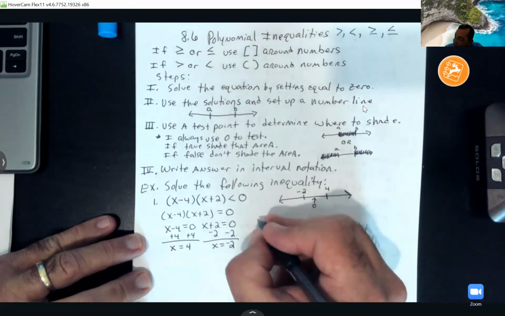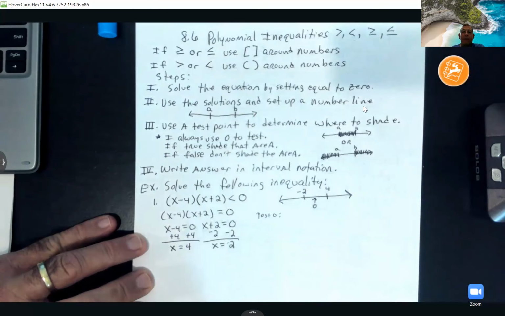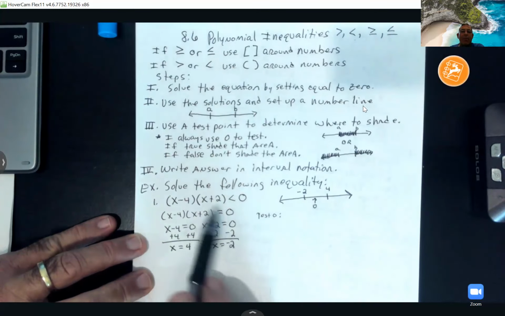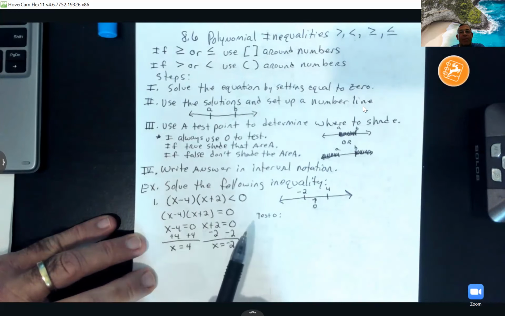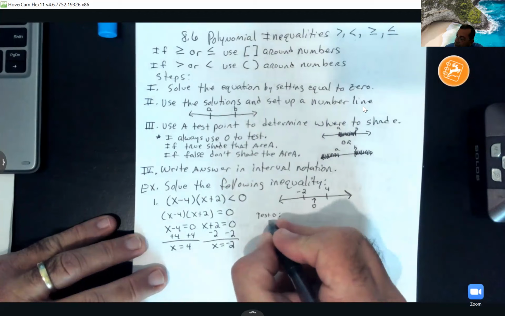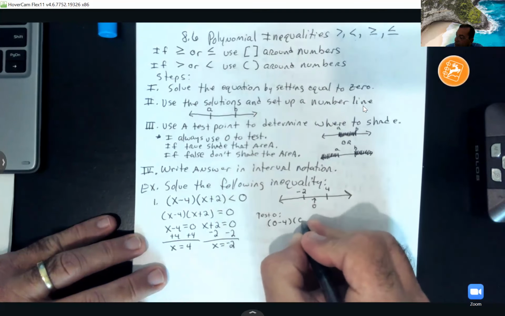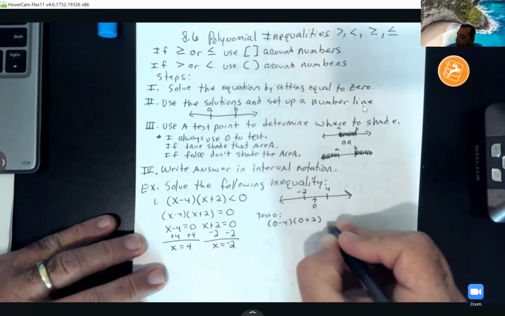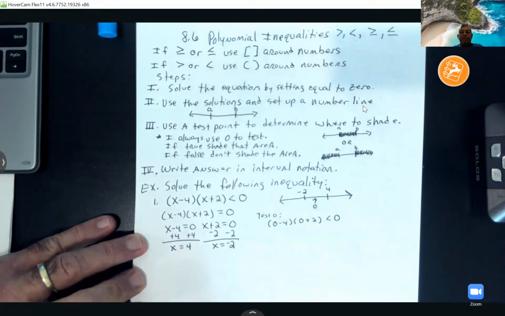So I'm going to test the 0. To test 0, I'm going to put 0 into this equation and see if that's true or false. So that'll be 0 minus 4 times 0 plus 2. That has to be less than 0.